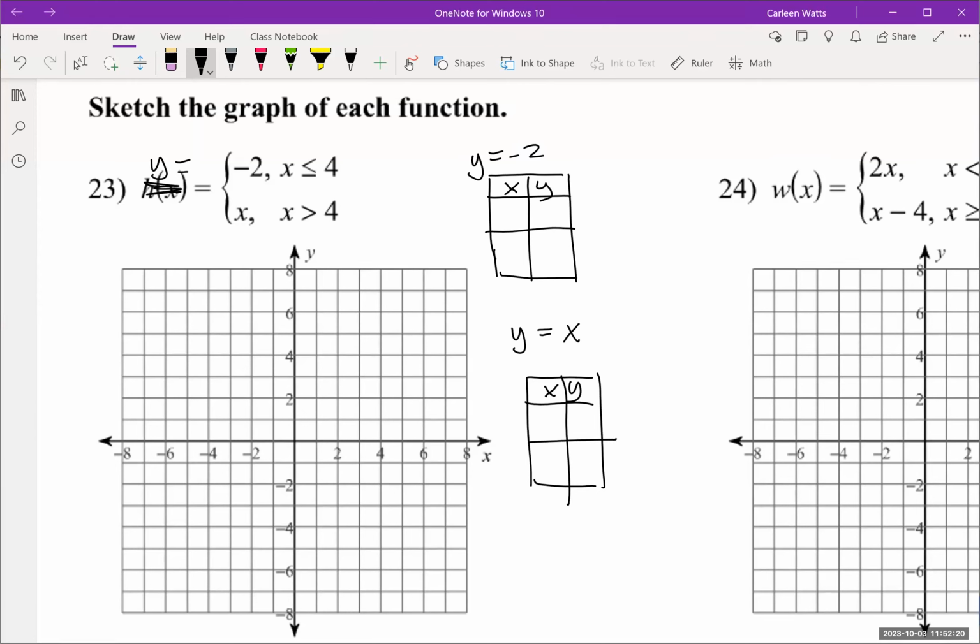Okay, this is the boundary. I'm gonna highlight it for now and erase it later. This is where the two pieces meet, but they don't touch. But they both originate at that line. So I need 4 in both parts of the table. So if x is 4, this is a horizontal line, right? Y is -2.